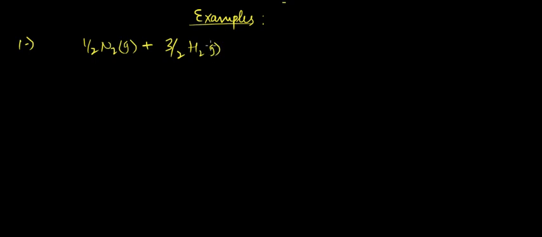So we have the first one as, let's suppose, 1/2 mole of N2(g) reacts with 3/2 moles of H2(g) and forms NH3.